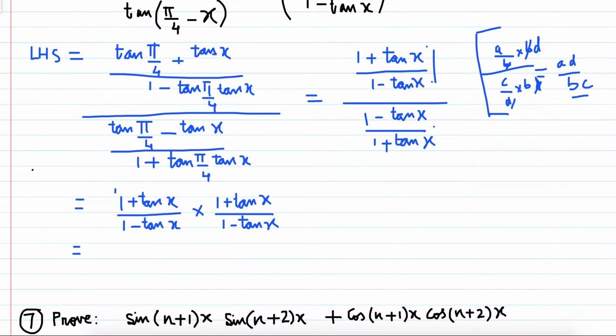So in the numerator we have 1 plus tan x multiplied by 1 plus tan x, so 1 plus tan x whole square, and in the denominator we have 1 minus tan x whole square.